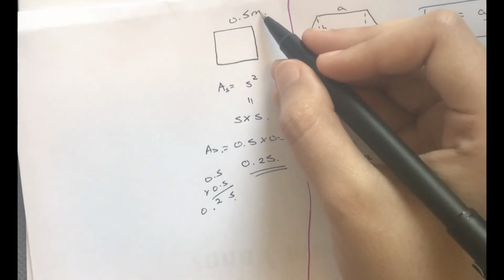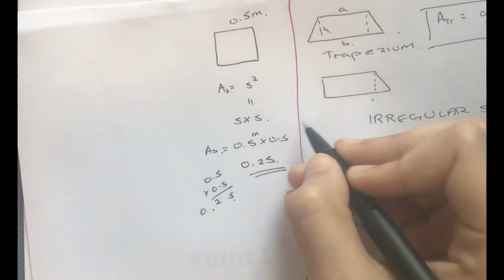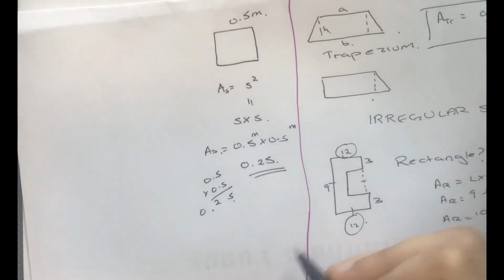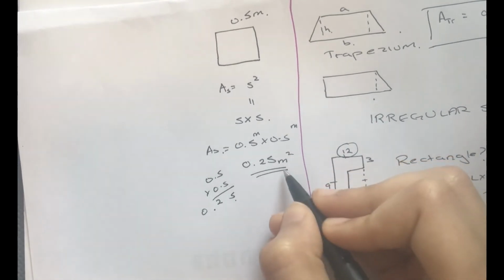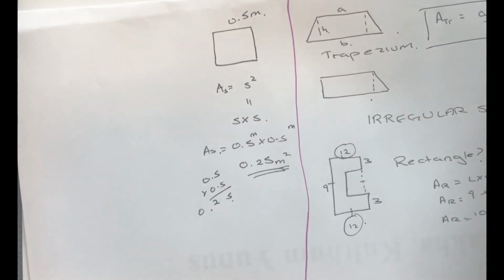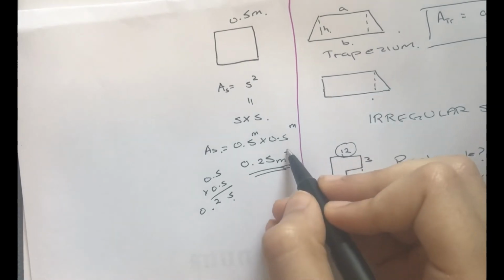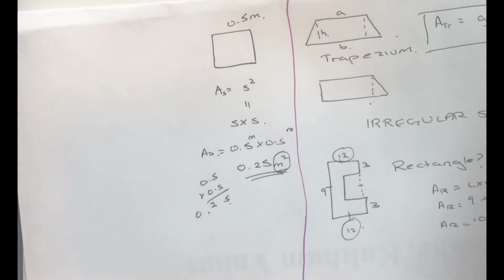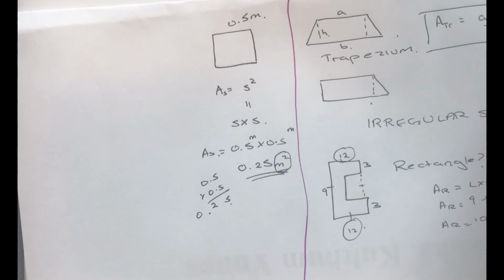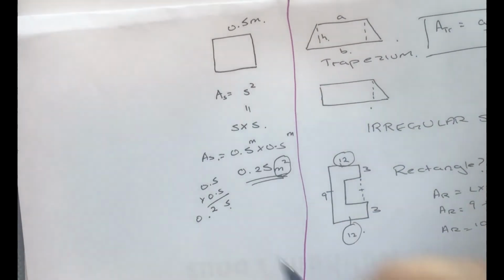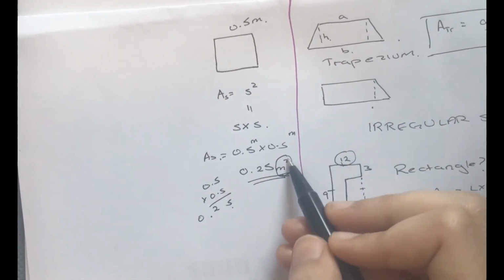So that's your area. Because you had meters, and meter times meter is meter squared, the units of area are always squared, because it's like you're multiplying a unit times itself. Remember this concept. Any unit multiplied by itself becomes squared.